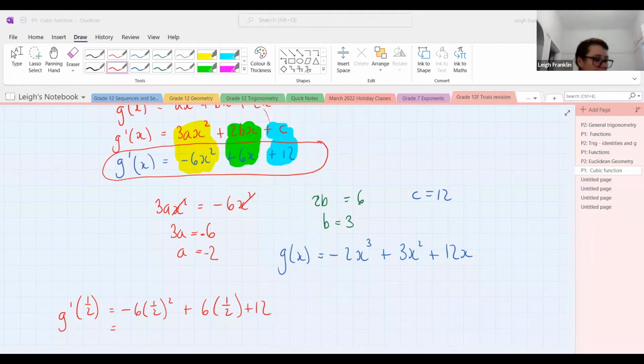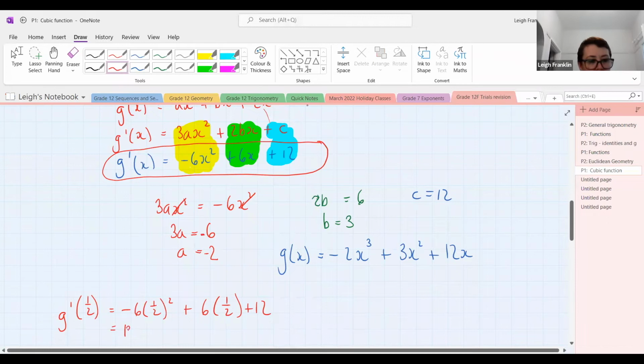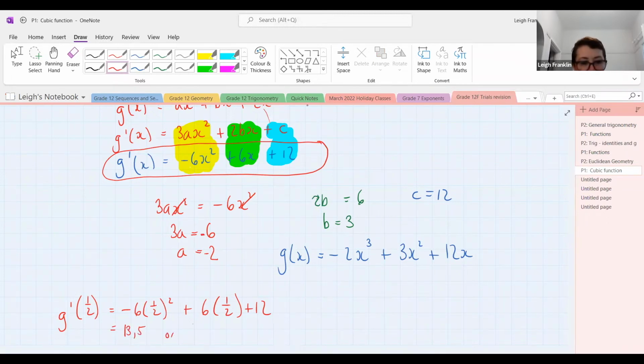There we go. Okay, so Kanisa, I got the same answer as you. That's it, Liam. Yep, correct, Timna. So 13 and a half. Or if you want to write it as an improper fraction, it would be 27/2. Nothing wrong with that.